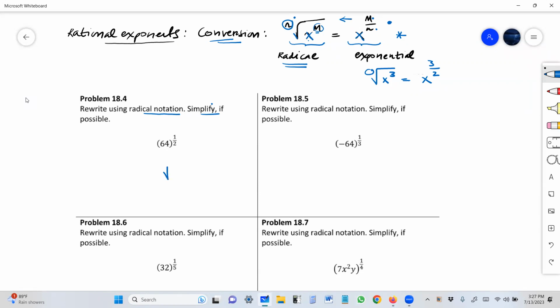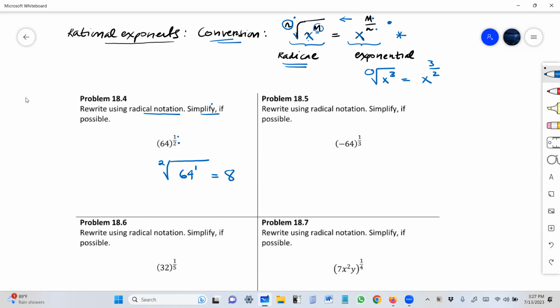So how do we do this? You write the radical symbol, 64 is the base, the numerator 1 is in here, and the denominator 2 is the index of the radical. So 64 raised to the 1/2 is nothing more than the square root of 64, which we know we can simplify to 8. Okay, so this is basically what it is.